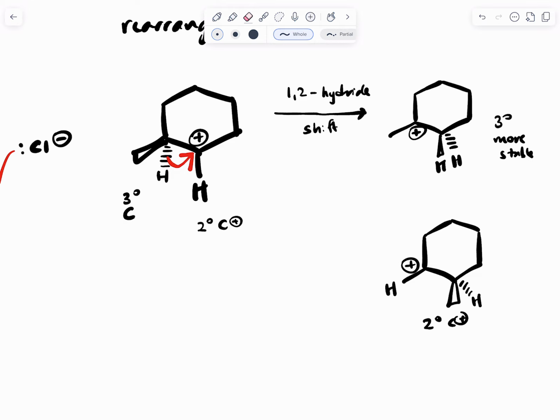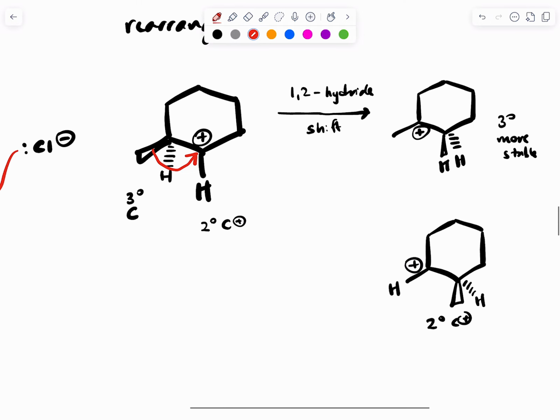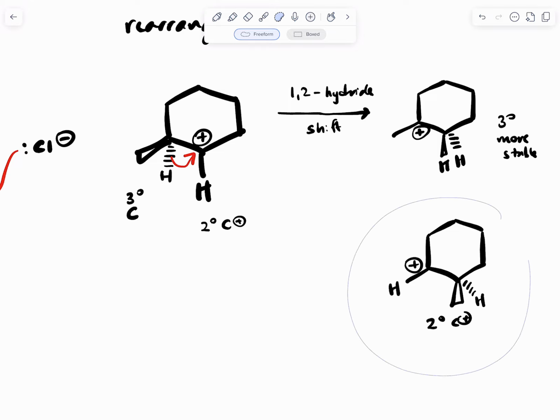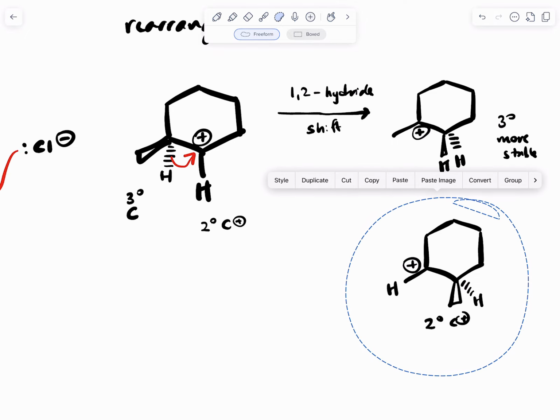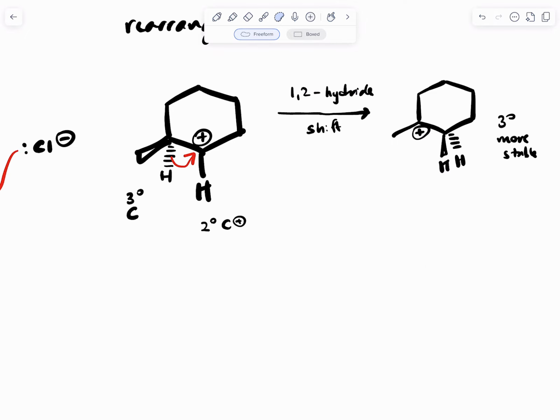If the methyl group were to move over instead of the hydride, the positive charge that would be left behind is on a secondary carbon. That is no more stable than the secondary carbon we started with. So that 1,2 methyl shift is not preferred because it doesn't lead to a more stable carbocation. The types of rearrangements I ask you to predict will always be ones that lead to a more stable carbocation.